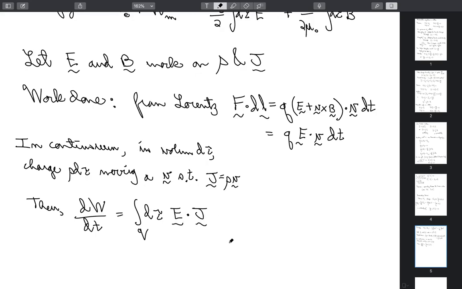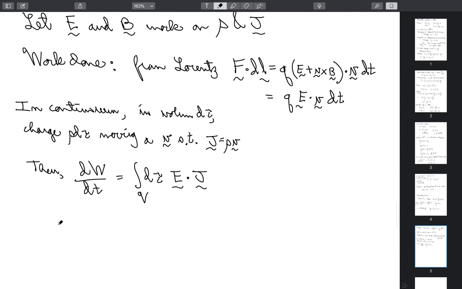Now we can rewrite this with Ampère-Maxwell. So using Ampère-Maxwell, what we can write is that E dot J, I just substitute for J from Ampère-Maxwell. So what does that give me?